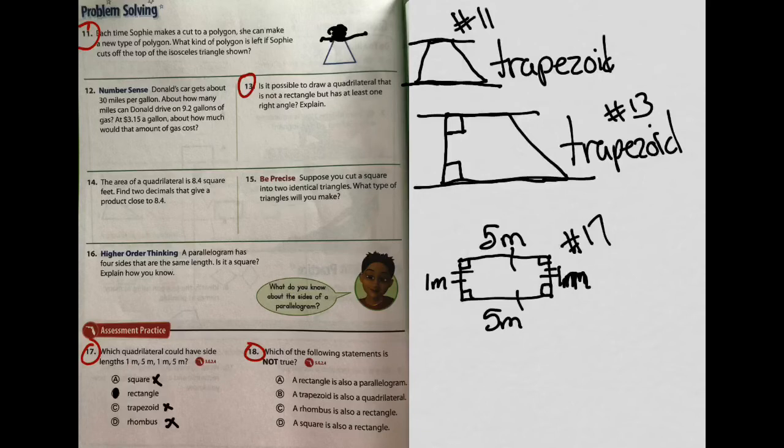18. Which of the following statements is not true? All right, not true. A rectangle is also a parallelogram. Well, we just drew a rectangle, so can it be a parallelogram by definition? Yes, it can, because opposite sides, I'll draw another rectangle here, opposite sides are equal in length and they're parallel.